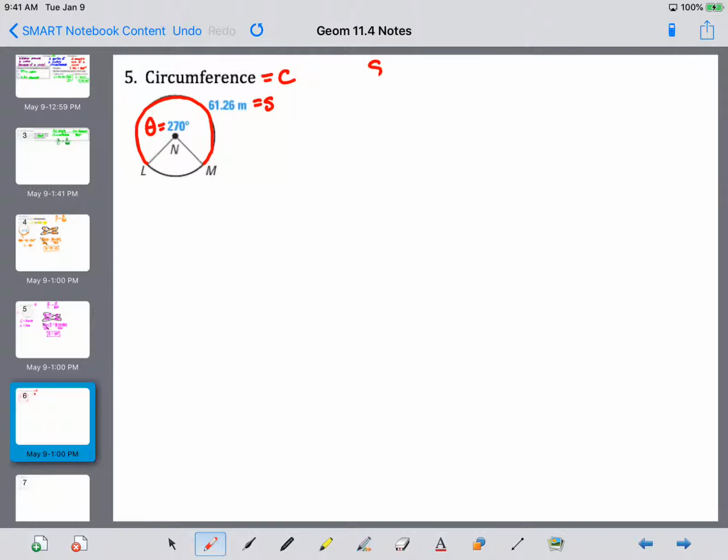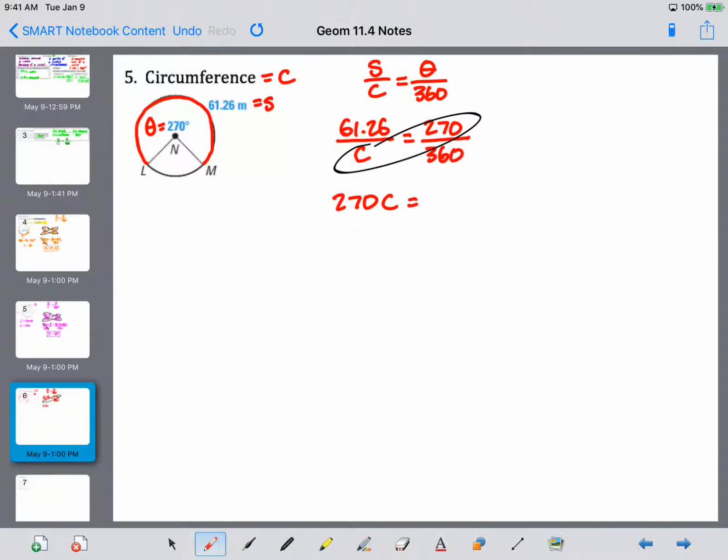So again, in that formula, S over C equals theta over 360. We know S, so we'll fill in 61.26 meters there. We don't know C, that's what we're trying to solve, so we'll leave that be. And then we know the arc measure is 270 degrees, and that goes over 360. Let's cross multiply. C times 270 gives us 270C. And over here, we're going to do 61.26 times 360.